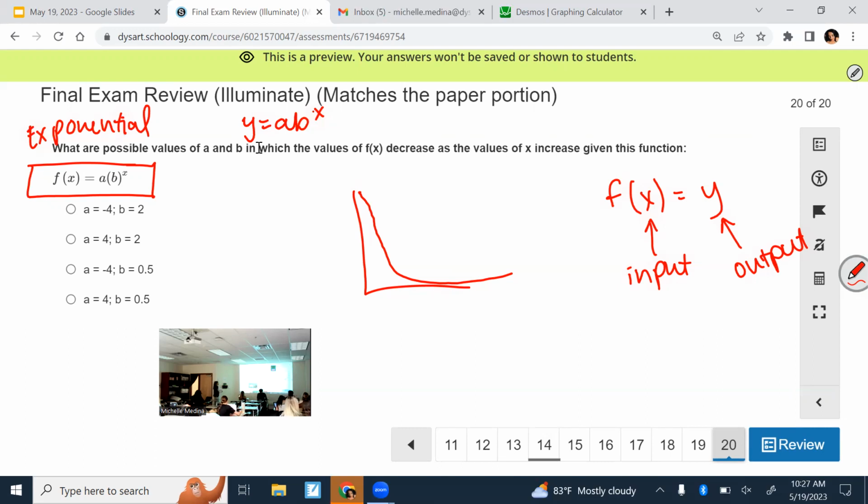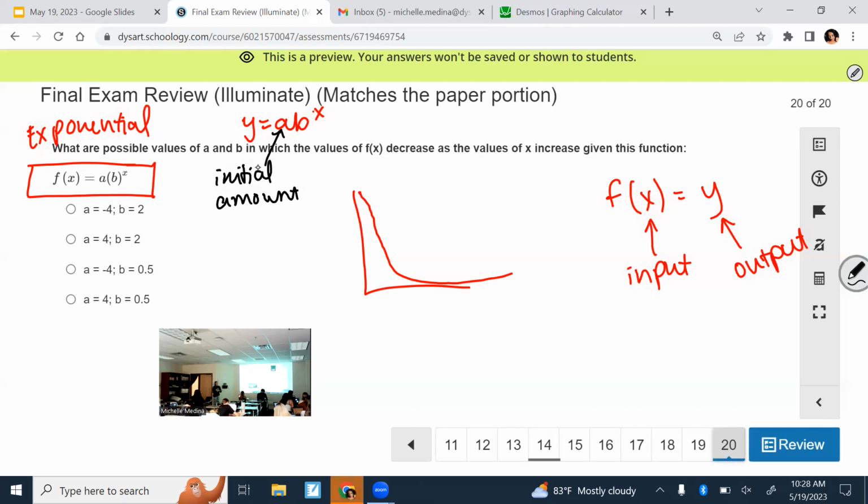Not necessarily. So let's dissect this. What does A stand for in exponentials? It's not the total. It's your starting amount, so your initial value, initial amount. So we don't care what the initial amount is.